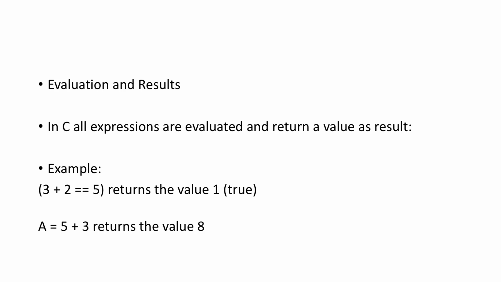The double equal usually returns 1 if true and 0 if false. In this case the result is 1. Another expression is simply made of numbers, a equal 5 plus 3, so it will return 8.